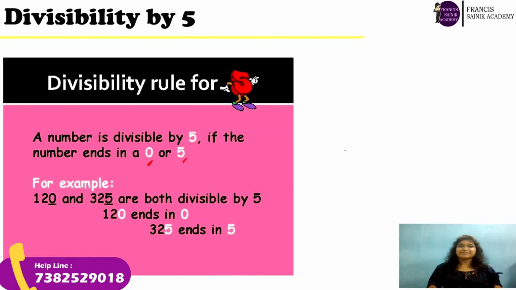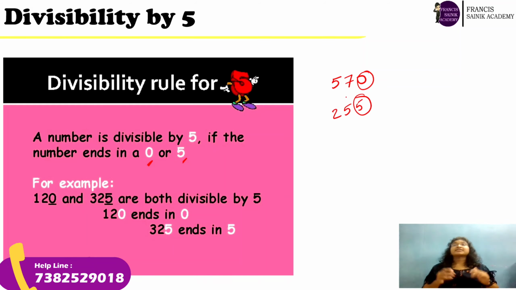For example, 570 and 255. The last digit is 0 here and 5 here. So, both 570 and 255 are divisible by 5. So, 5 is very simple.